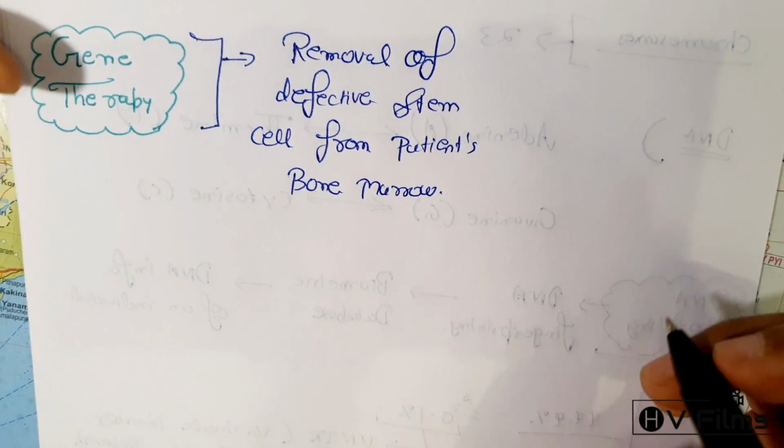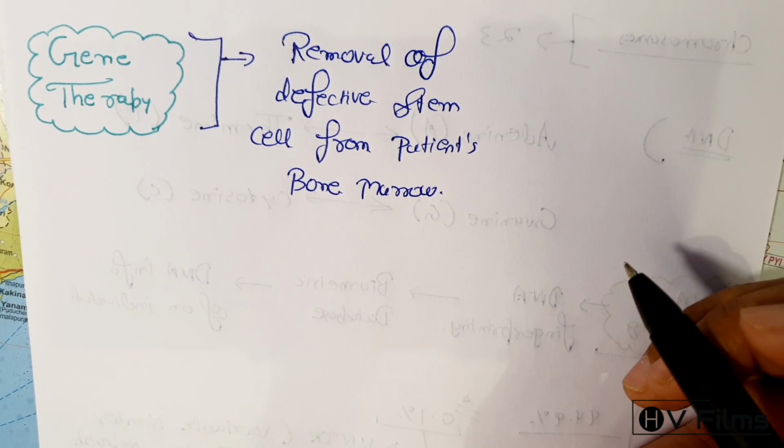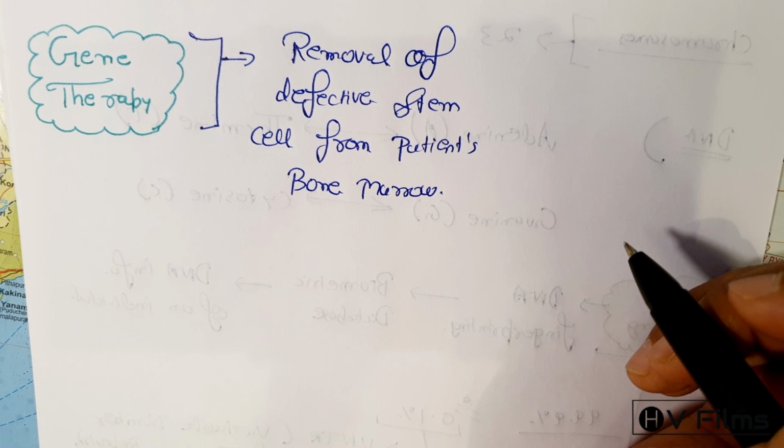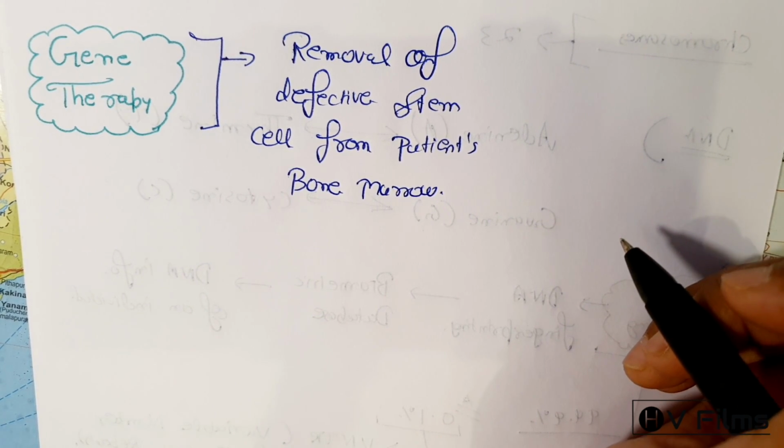Basically the stem cells are removed and genetically modified for the correction. So that's generally what happens. And the stem cells, we will discuss them right now.